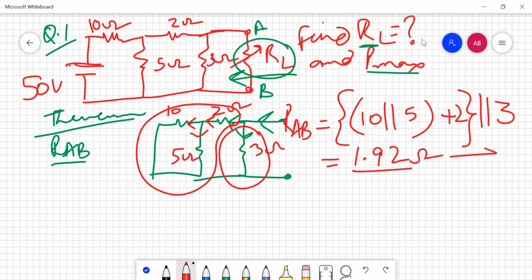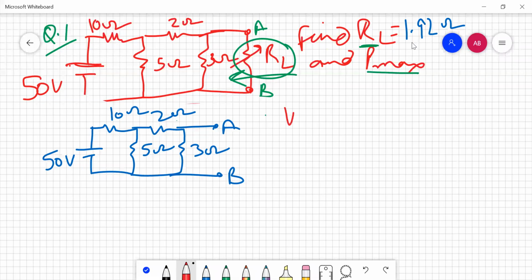Now keeping this aside, we are going to find the value of our VThevenin. As I already told you, you have to move your pen from A to B, and whatever comes in this path, you have to take the voltage drop across that.